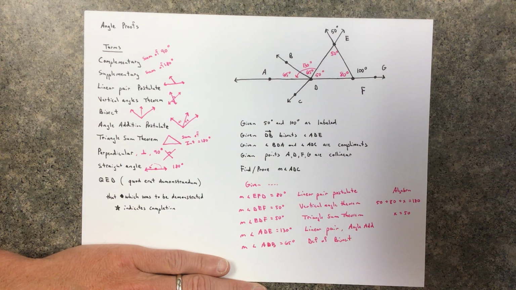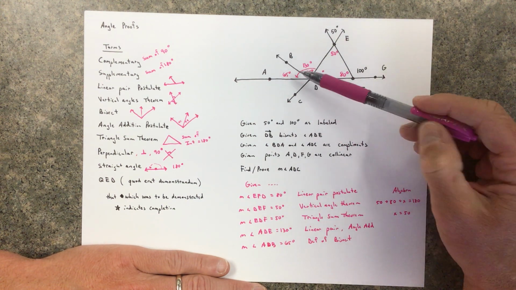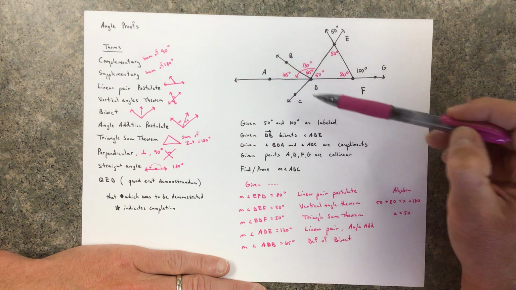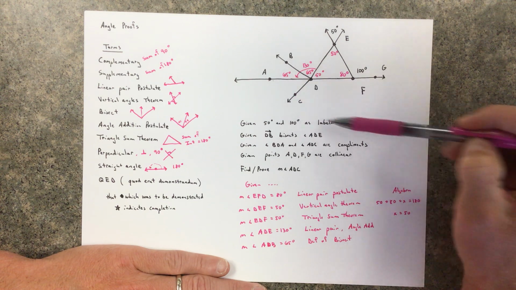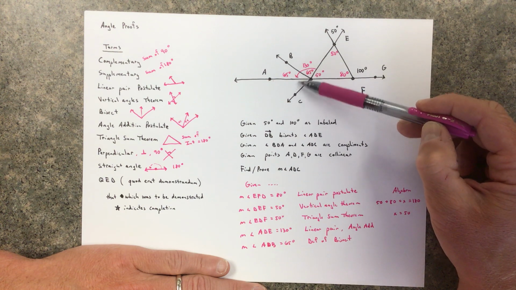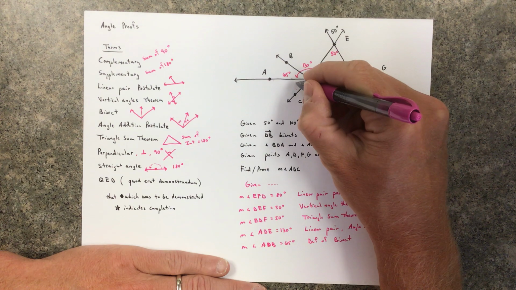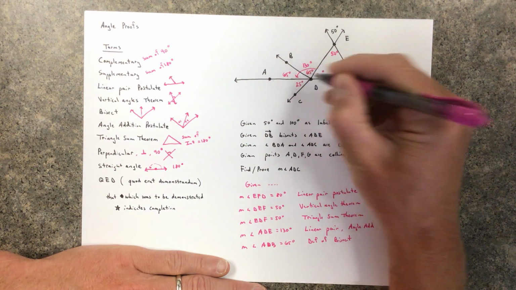Okay, and then lastly, I know that angle BDA and angle ADC are complements of each other. If these are complements of each other, that means they add up to 90 degrees, which means if this is 65, this must be 25.